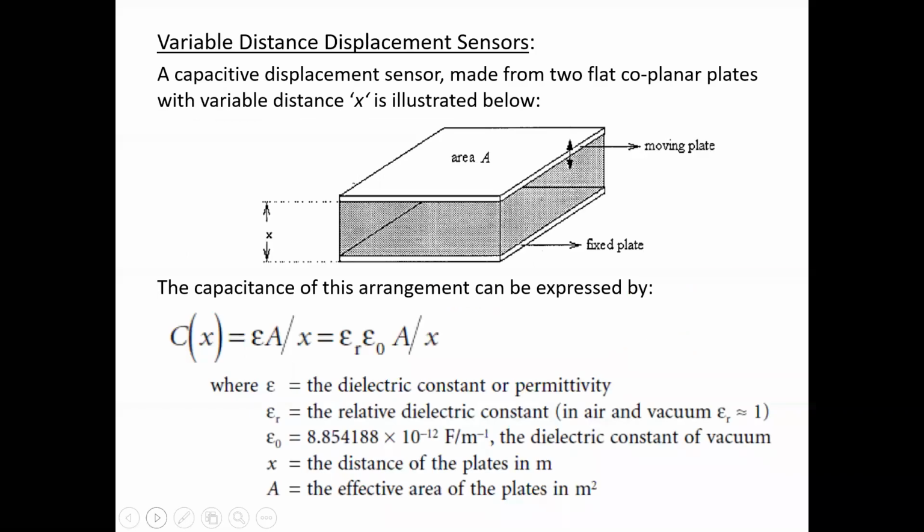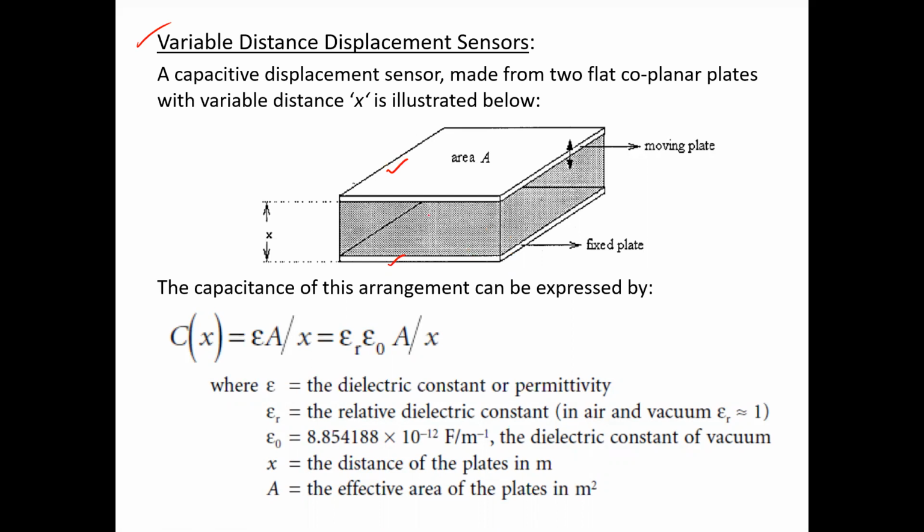Now, the first type of capacitive transducer can be formed with respect to the distance between the two plates. For this sort of capacitive transducer, suppose this is the upper plate and this is the lower plate.